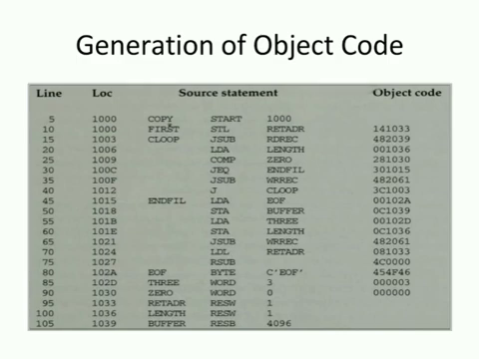That is the address of RETADR, the operand value. That value will be stored in the 15-bit address field. Already I told you that in the opcode field 14 will be stored in binary form, then the X value is 0, then in the 15-bit address field this address will be stored, which is the hexadecimal number 1033.